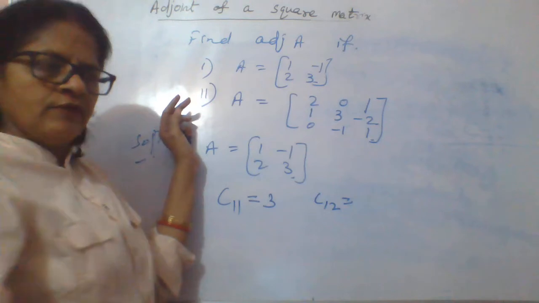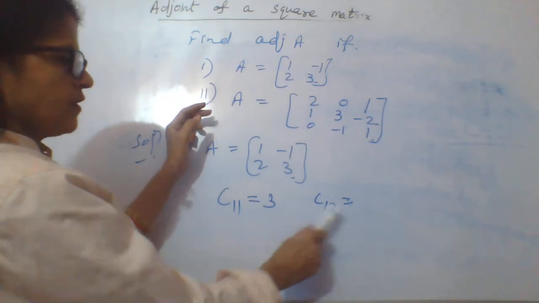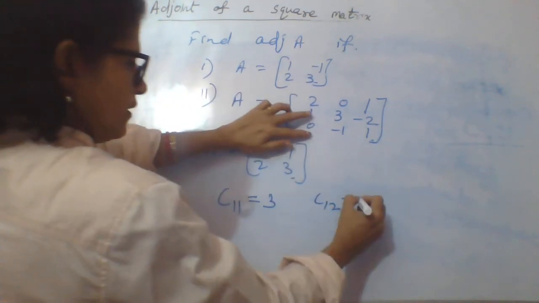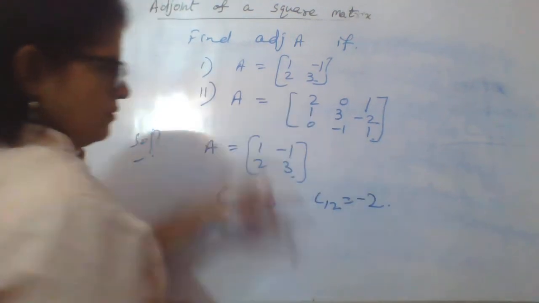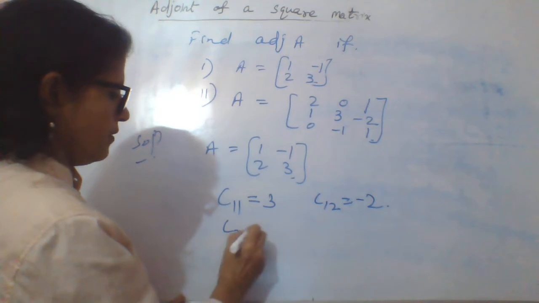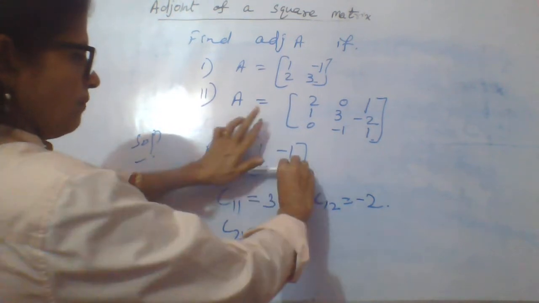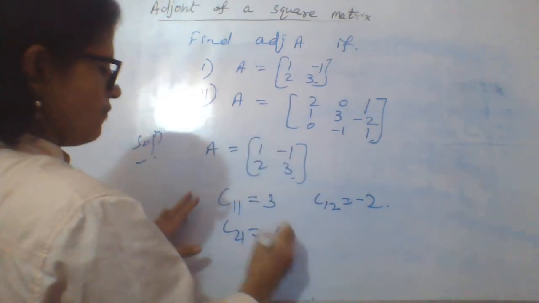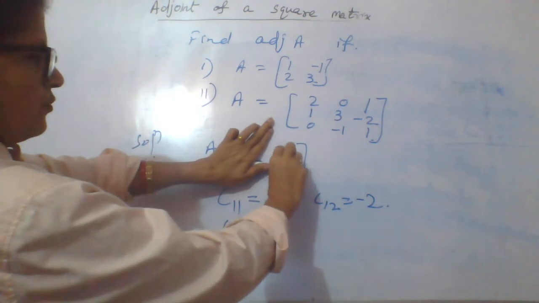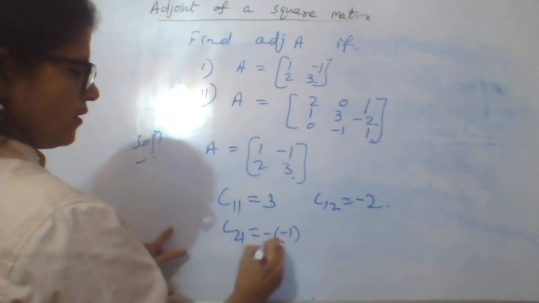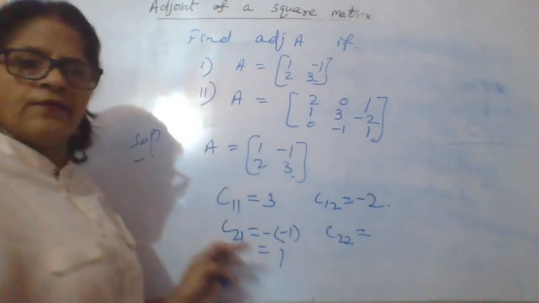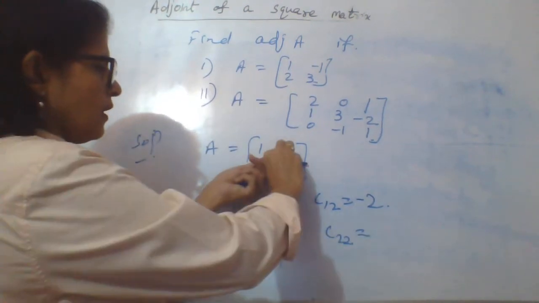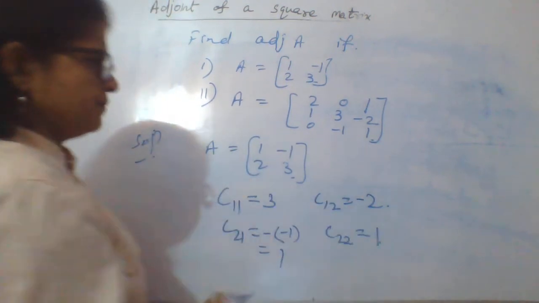C12 is the negative of the minor because 1 plus 2 is odd, so you get minus 2. C21: again the cofactor is the negative of the minor, and the minor is minus 1, so you have plus 1. C22: the cofactor is equal to the minor, so you take 1.